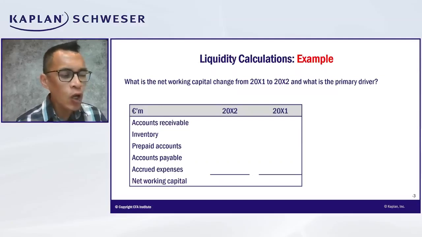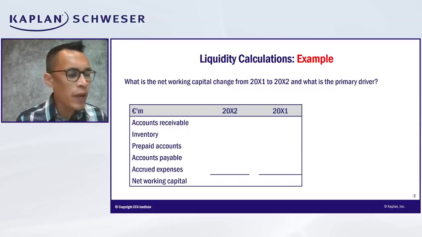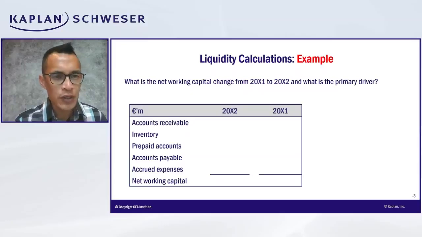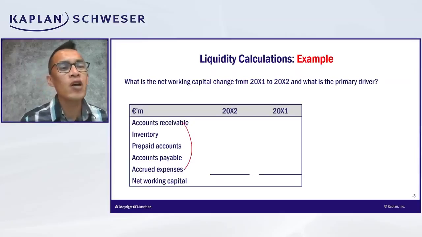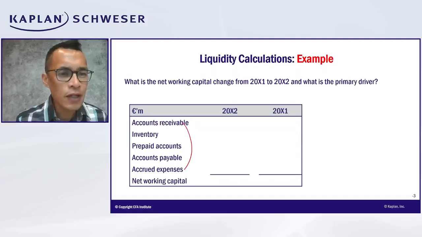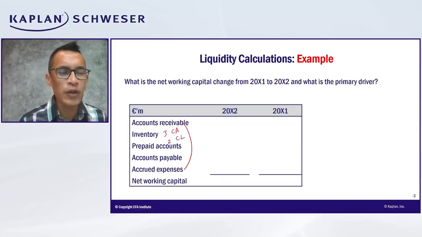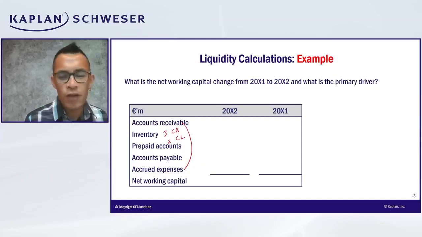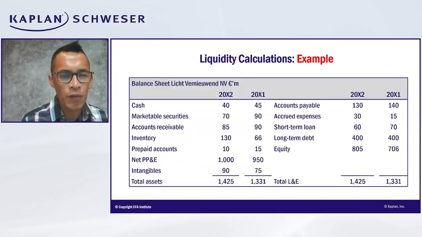Now, recall that it's going to omit all cash or cash-like items in current assets and all debt items in current liabilities. So the first thing you should note is what are the items that are included. We've got three items in current assets, right? And we've got two items in current liabilities. So first of all, understand why we eliminated the ones that we did from the balance sheet.